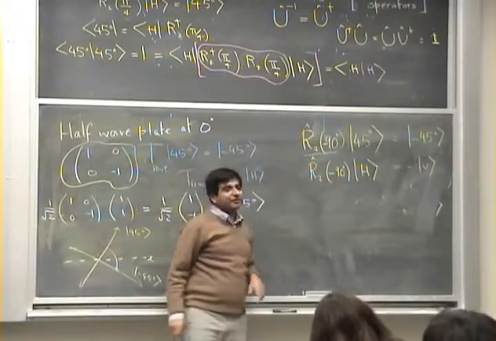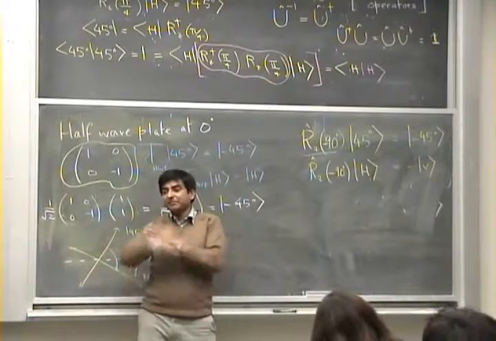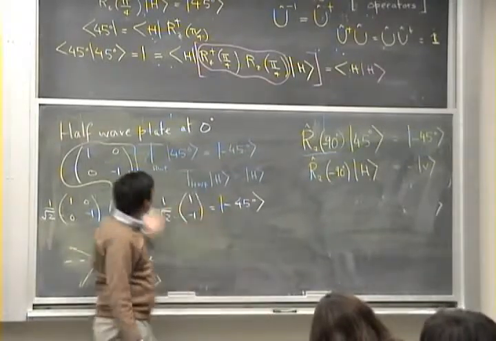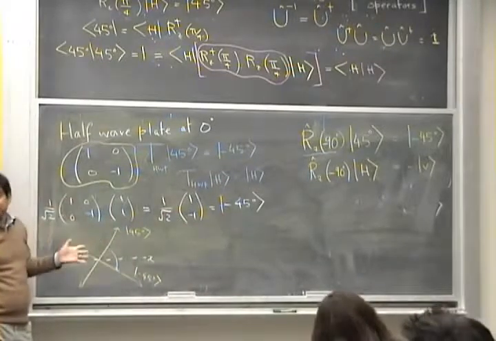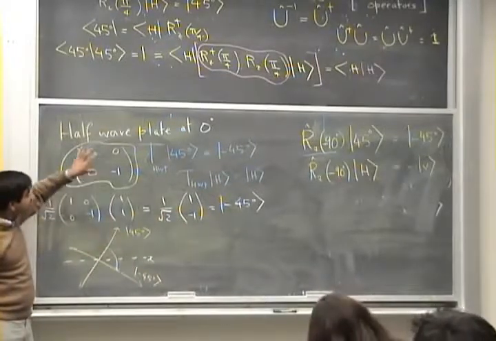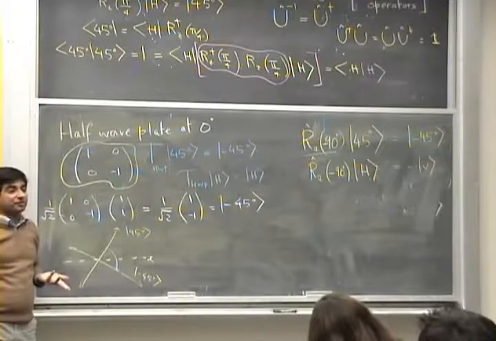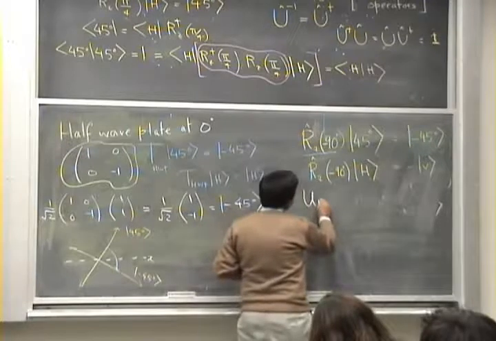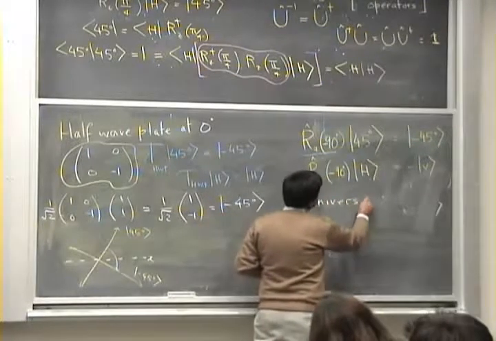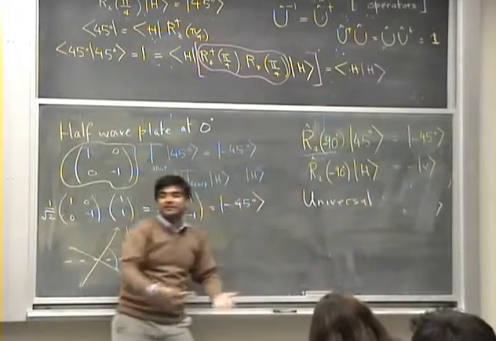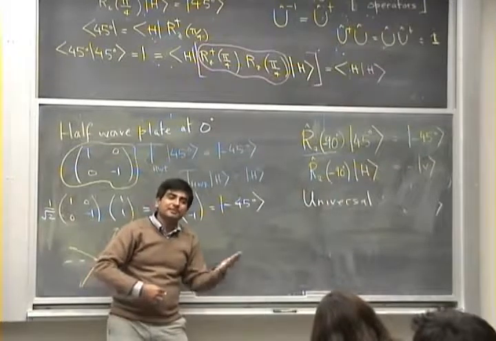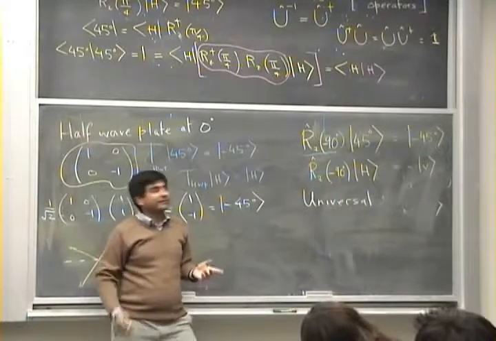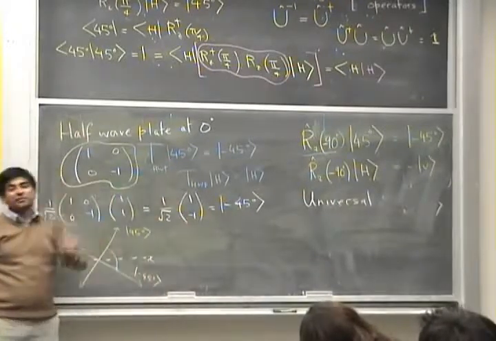What the rotation operator should do is take any input state and rotate it by minus 90 degrees. But that's not what the half-wave plate does. So this matrix does not represent the rotation operator. Rotation operators are universal in the sense that they have the same effect on all possible input states. So the half-wave plate is not a rotation operator.